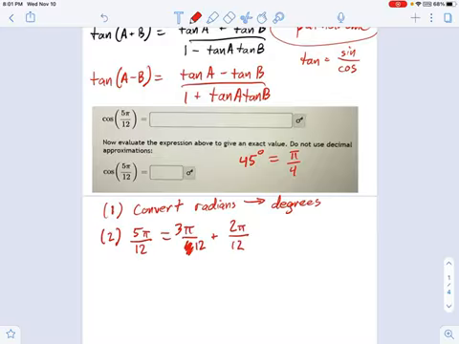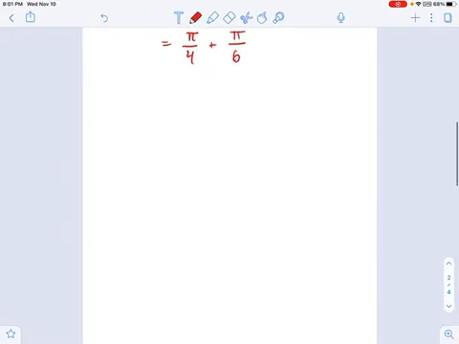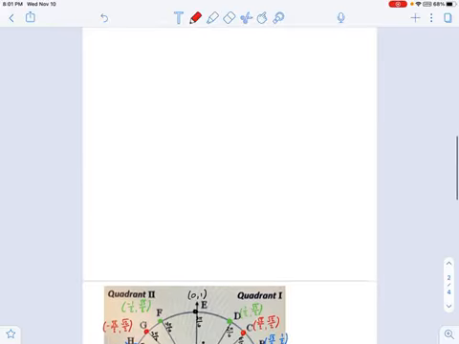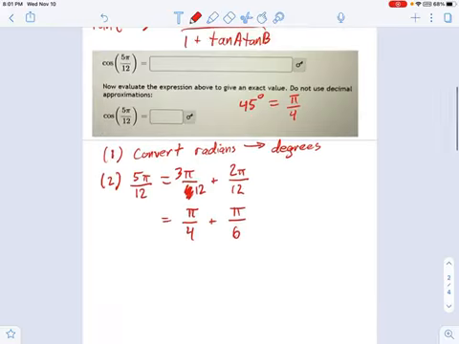So, rewriting this with simpler denominators, I think we'll recognize some angles here. 3 pi over 12, that's my pi over 4. 2 pi over 12, that's my pi over 6. And those are both very special angles from the unit circle. If you remember, cosine of pi over 4, that's like 45 degrees, that's going to be radical 2 over 2.